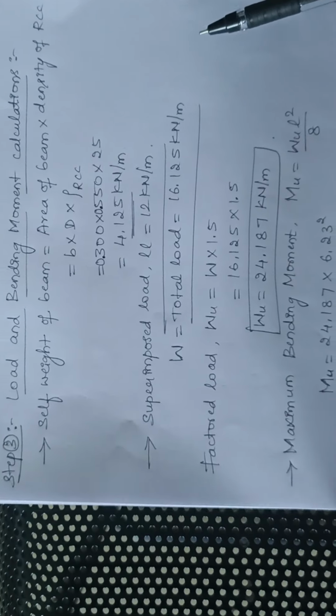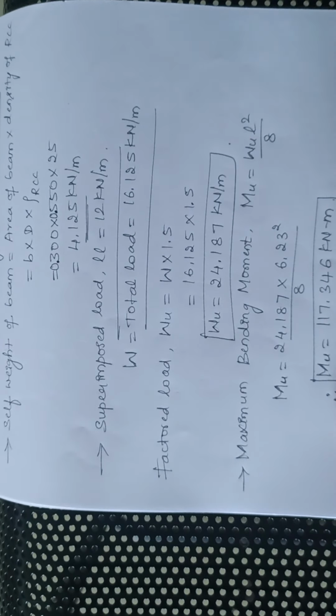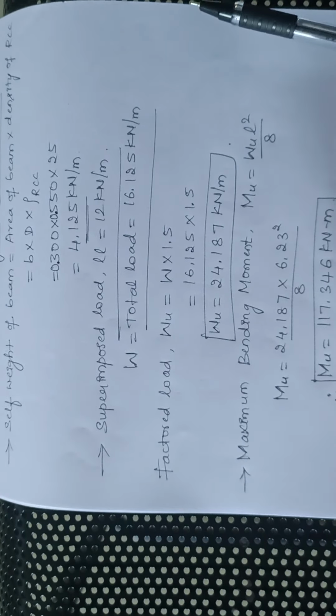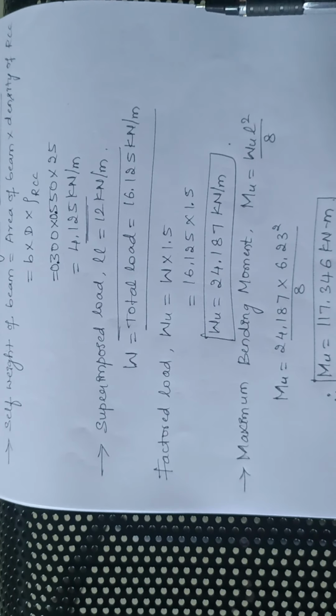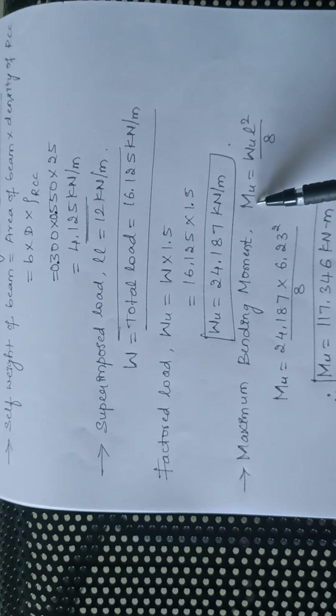Coming to the bending moment part, the beam is simply supported at the ends. Hence, we know that for a simply supported beam the bending moment will be maximum exactly at the center of the beam, for which the formula is WL square by 8. As we are doing for the factored moment, we have to take the factored load here.